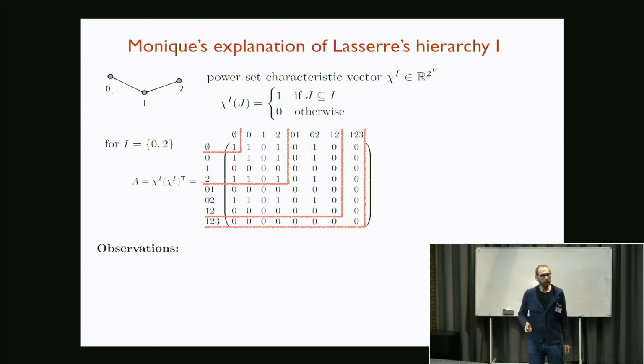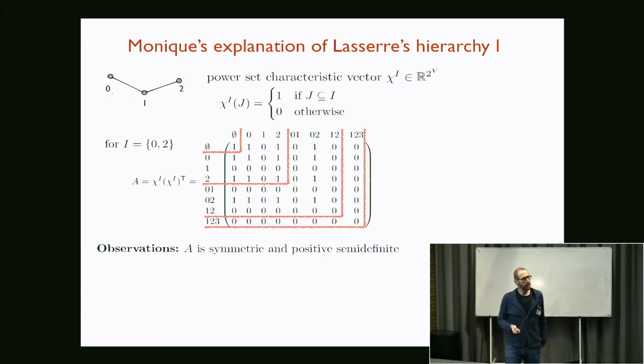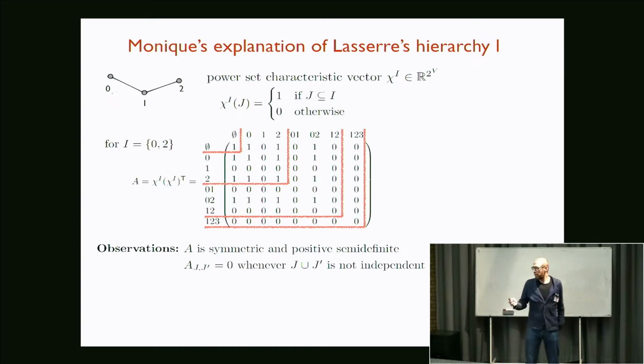Let's do some observations. First of all, A is symmetric, positive semidefinite. Then I have zeros whenever I have a 0 at position J, J prime, whenever J union J prime is not independent, which generalizes the case which we had before. There we had just two vertices connected by an edge, meaning they're not independent. But here, things can become more complicated, so we're just saying that they're not independent.